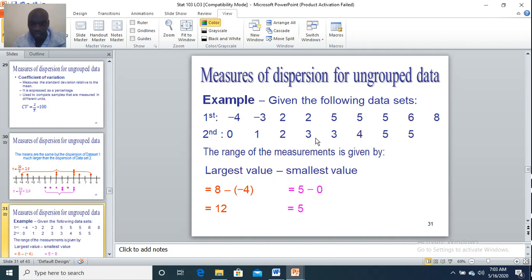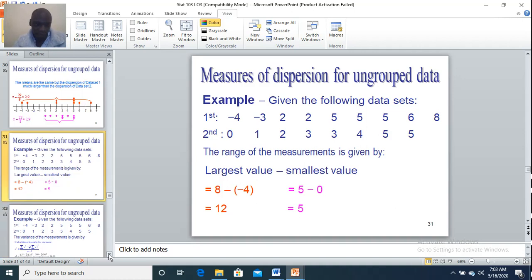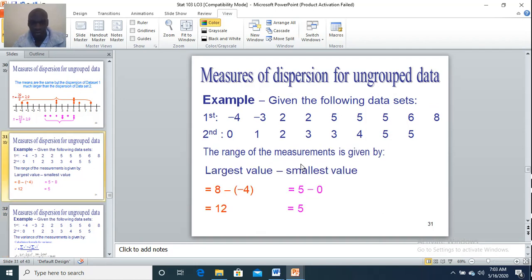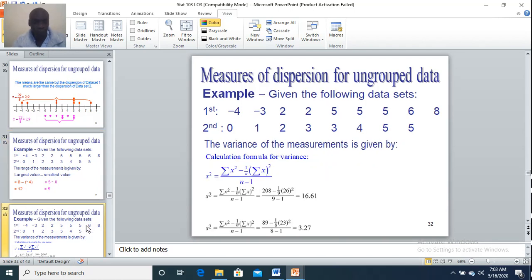Then for this data, the largest number is 5, the smallest is 0, so the range is 5. So here we can compare the ranges. If the range is too much, we can say the data is not good because it's spread too much.